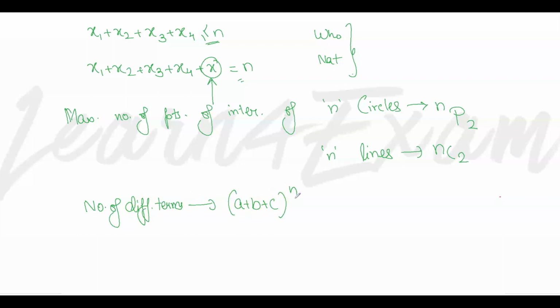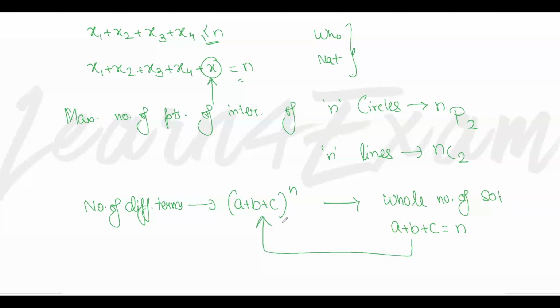For this, we just have to find the whole number of solutions to a plus b plus c equal to n. This comes from binomial theory.